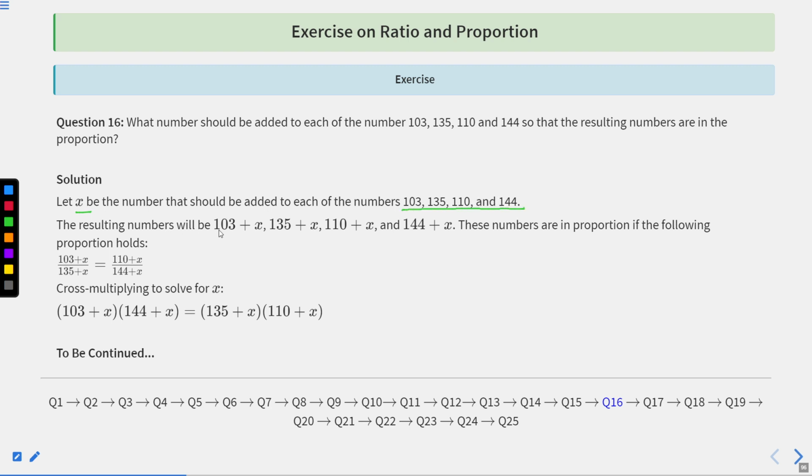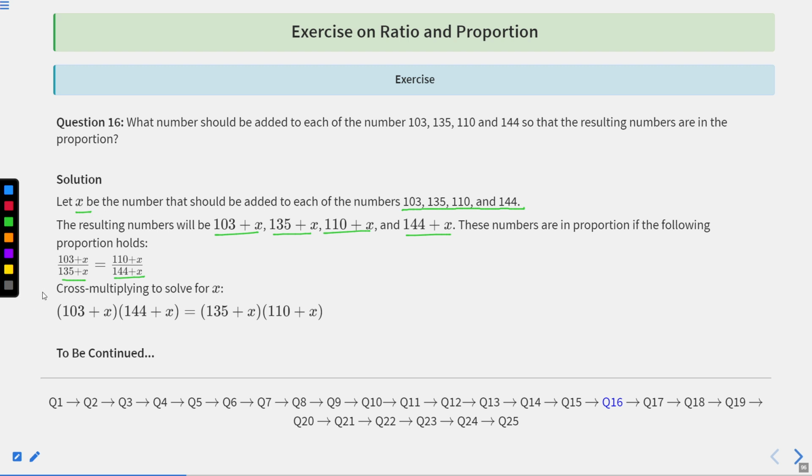So the resulting numbers are going to be 103 plus x, 135 plus x, 110 plus x and 144 plus x. And now the question says, when we add x to all these numbers, our new numbers are in proportion. That means 103 plus x upon 135 plus x equal to 110 plus x upon 144 plus x. This is going to hold.